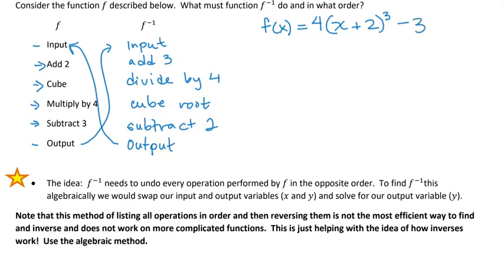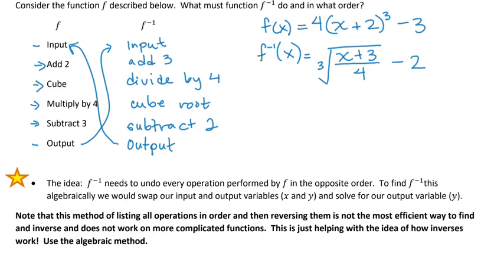So that is my original function. And I am claiming that my inverse function will take an input, add 3, divide that by 4, then take the cube root of what we've got, and lastly, subtract 2.